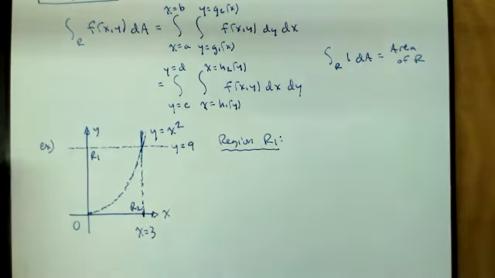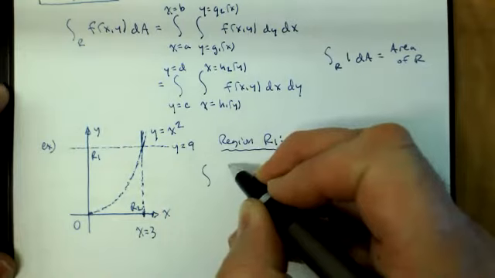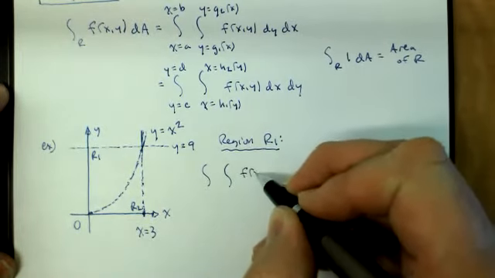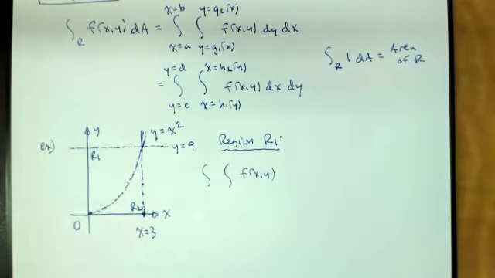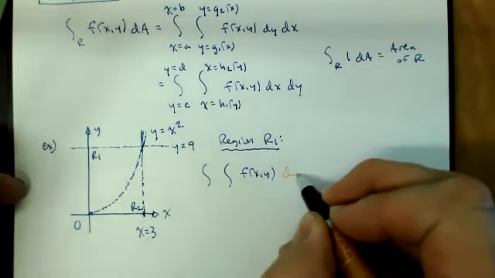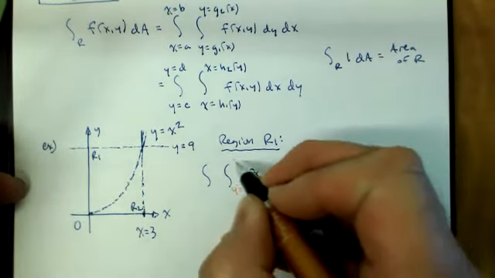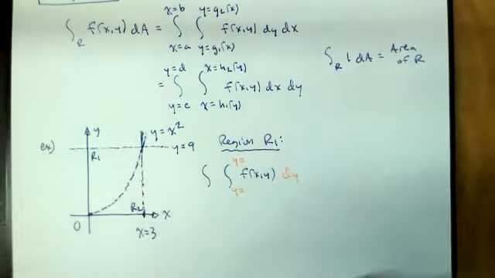I'll start with dy dx. If I recall, dy was in orange and dx was in green.